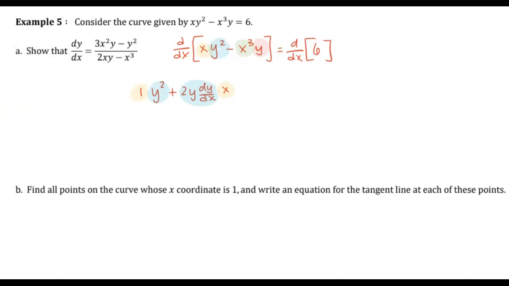So 1 times y squared, derivative of the first function times the second, plus the derivative of the second function times the first. And we're going to do the same thing with the second term. I'm going to go ahead and lump the negative in with the x cubed, make that my first function, just because then I don't have as much bookkeeping. I don't have to have big old parentheses with that negative sign out in front.